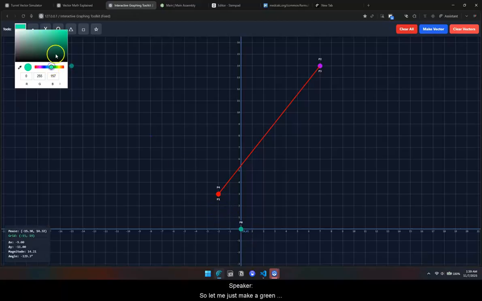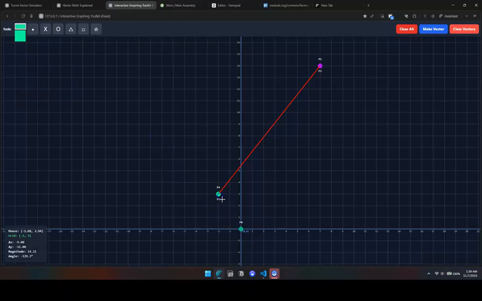So let me just make a green vector out of it. Vector. Okay. So these are our vectors. This is the offset between our turret and our Limelight. And this is what we get from a Limelight.